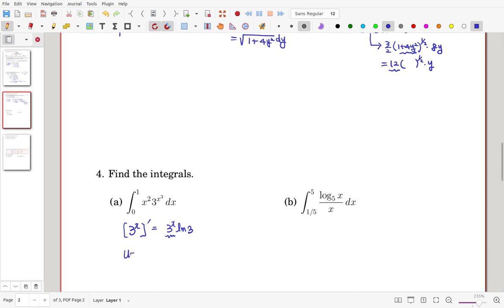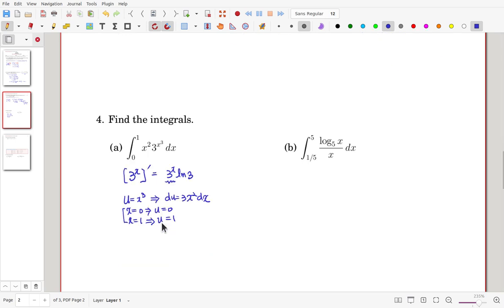Okay, u equals x cubed. Then from here, du equals 3x squared dx. And now when x is 0, the lower bound, then u will be 0, and when x is 1, then u will be 1, so that the given integral can be written this way.